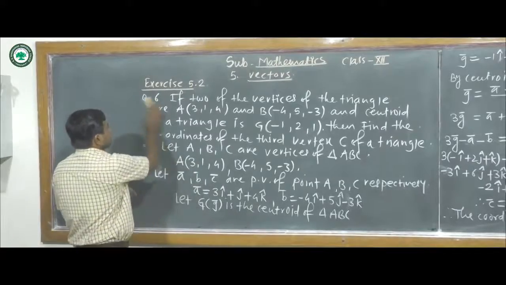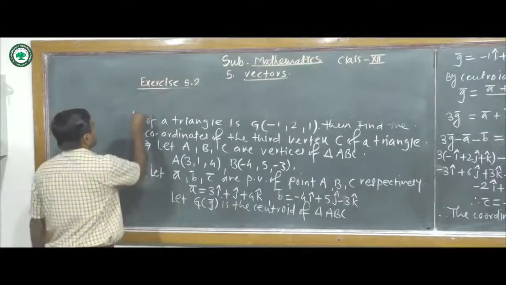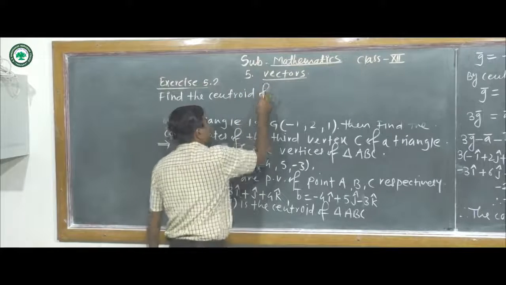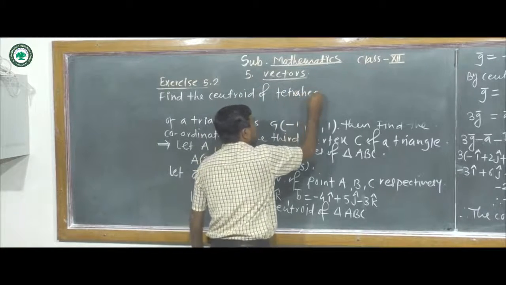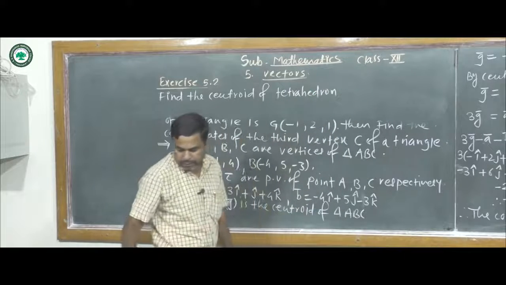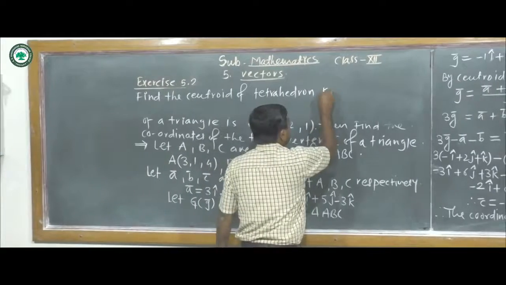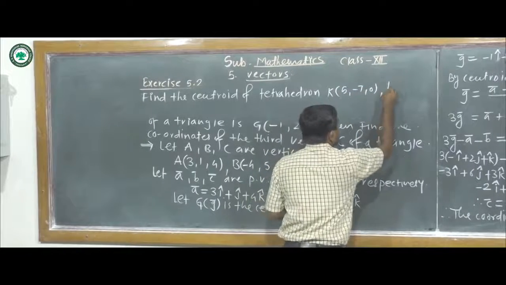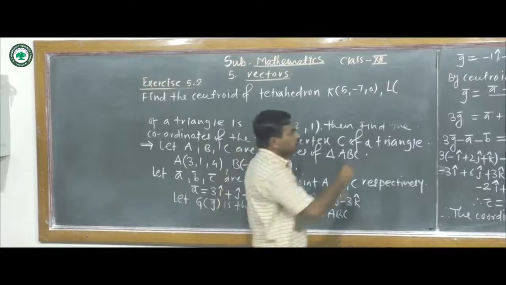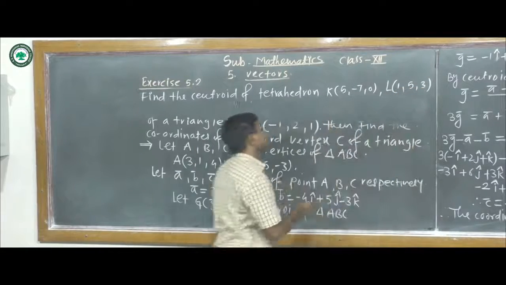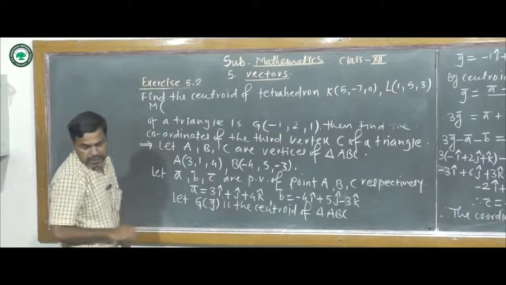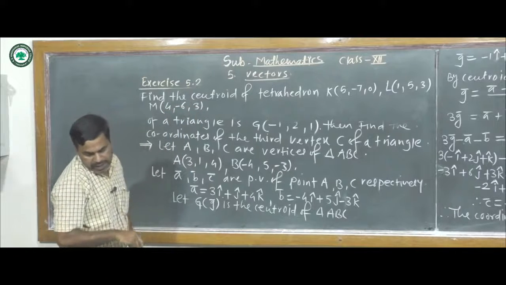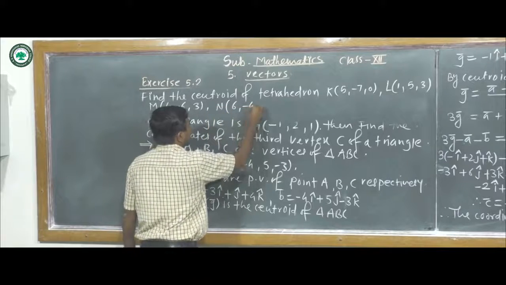So we see the next problem. Find the centroid of tetrahedron KLMN having vertices K (5, -7, 0), L (1, 5, 3), M (4, -6, 3), and N (6, -4, 2).